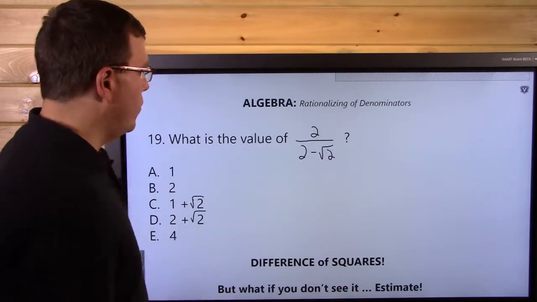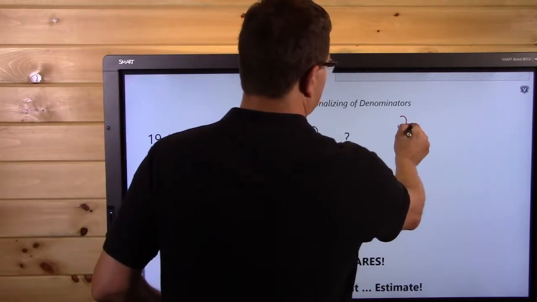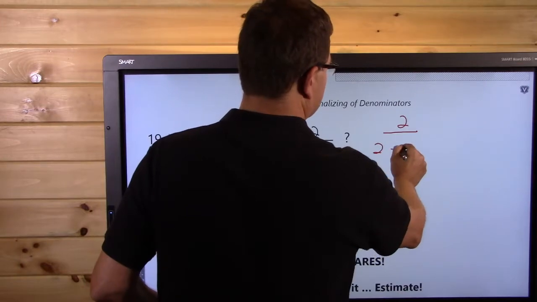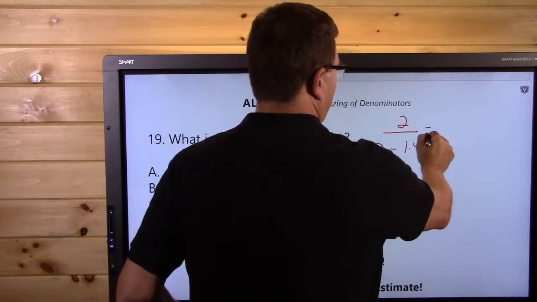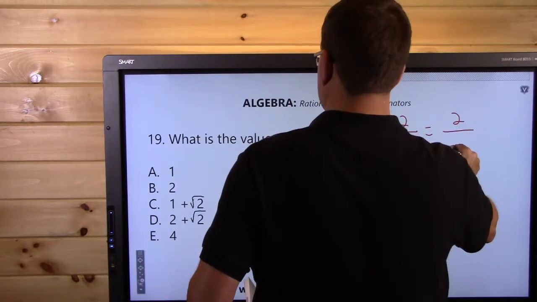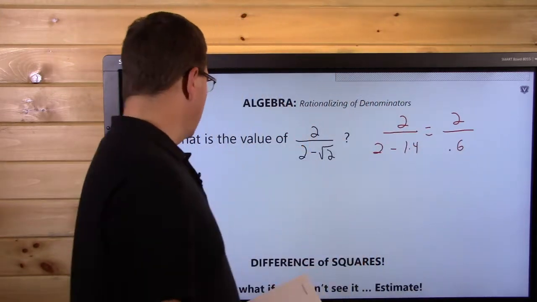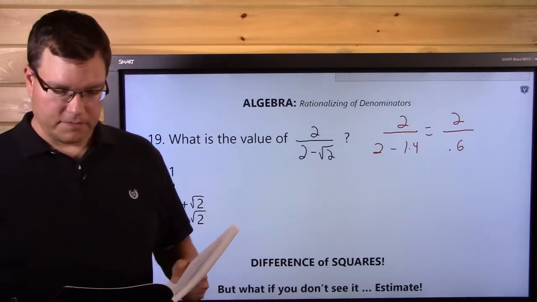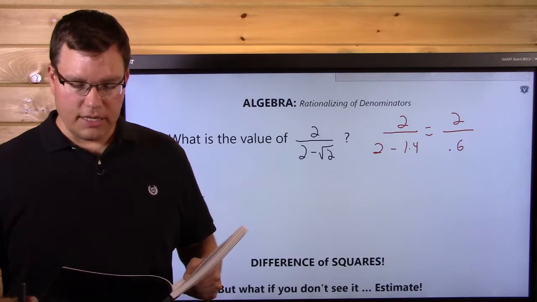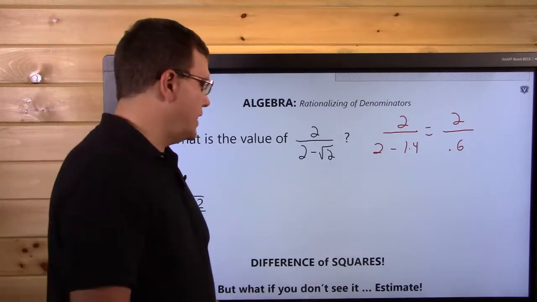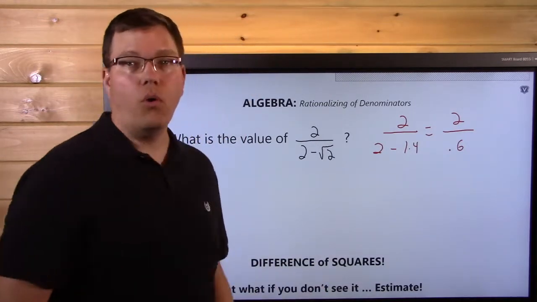So this would be 2 over 2 minus about 1.4. So that's going to be 2 divided by just about 0.6. 2 divided by 0.6. And so what it says is the answer choice should be pretty close to 4.